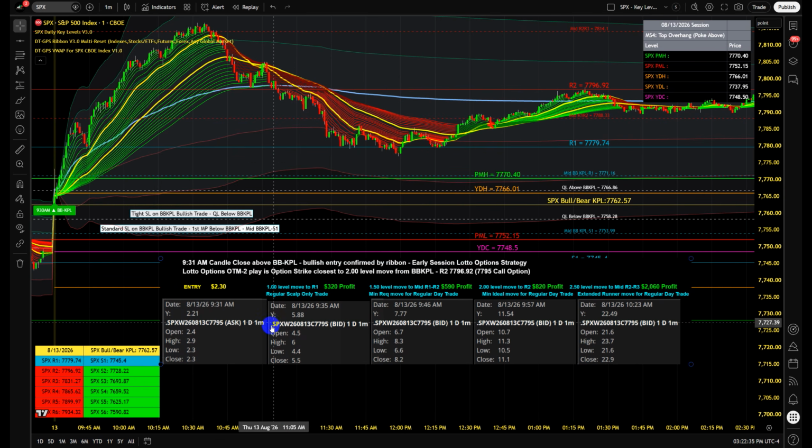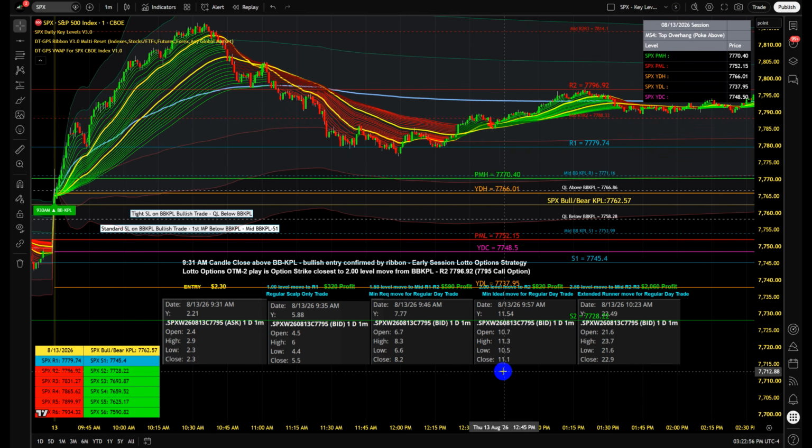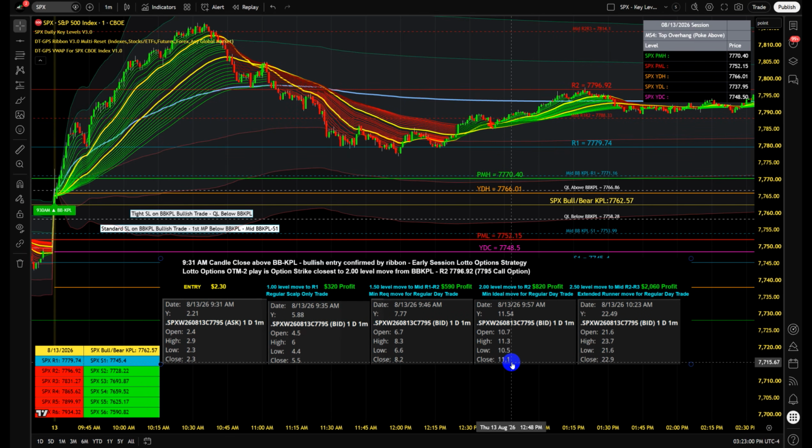Okay, so we'll get rid of that. $2.30 entry. When it gets to the 1-level move, R1, $9.35 bid, $5.50, $320 profit per option. 1.5 level move, 9:46 a.m., bid $8.20, $590 profit per option. 2-level ideal move, 9:57 a.m., bid $11.10.